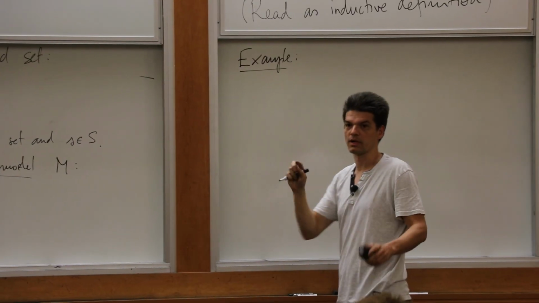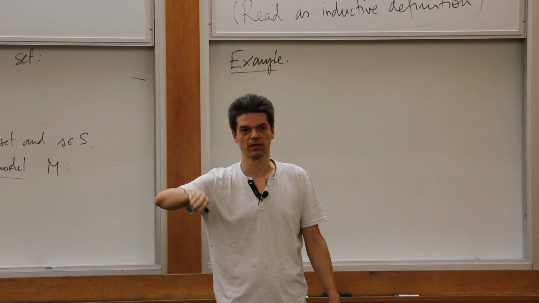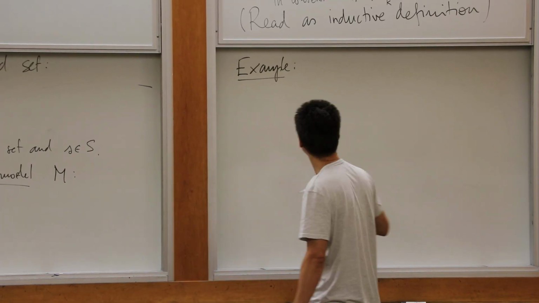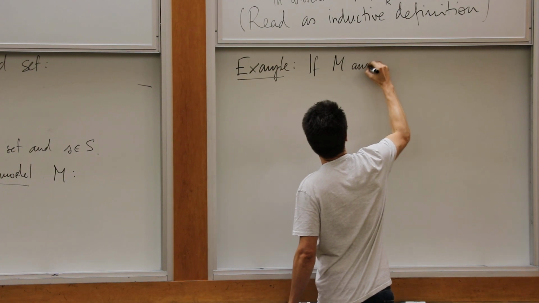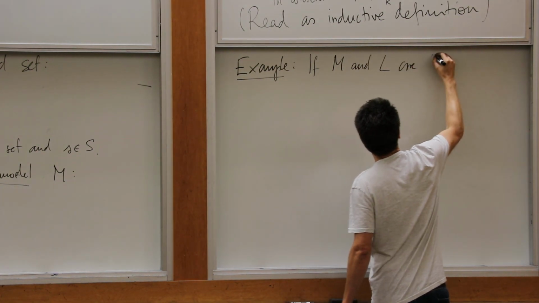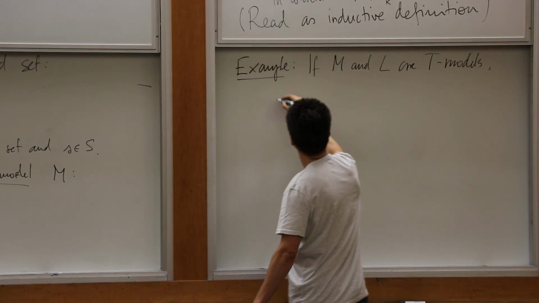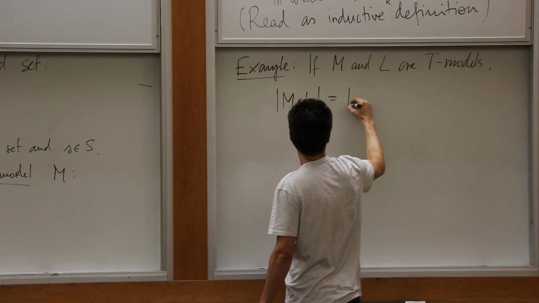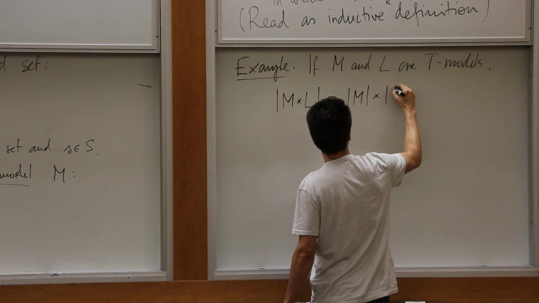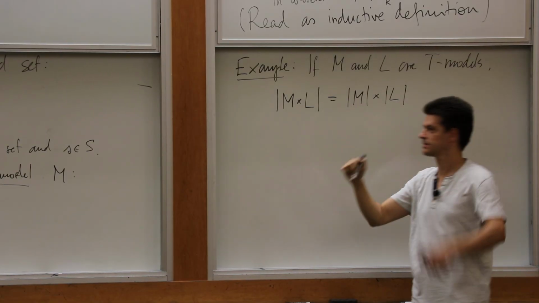Let me just do a product of 2 models, but it's possible to do a product of any number of models, or even an infinite number. So if M and L are T models, define the product model to be the following. M cross L is just the Cartesian product, and you do all the operations component-wise.